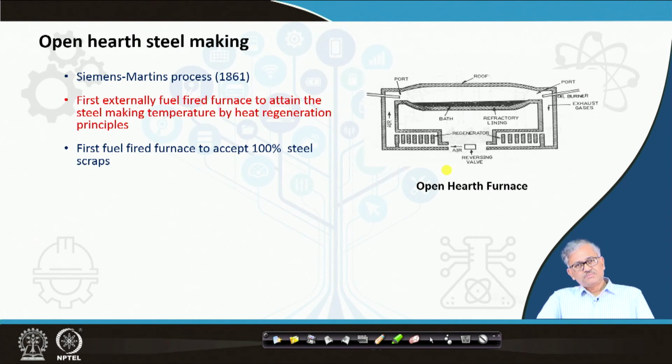Steel making temperature means that when you are making steel from liquid iron, you are reducing the carbon, so its liquidus goes up, so the furnace temperature required is around 1600 degrees centigrade, because 1539 is the pure liquid iron melting temperature. You should have the gas temperature a little higher for the heat transfer. So around 1600 degrees centigrade is required, and that was possible by that time.